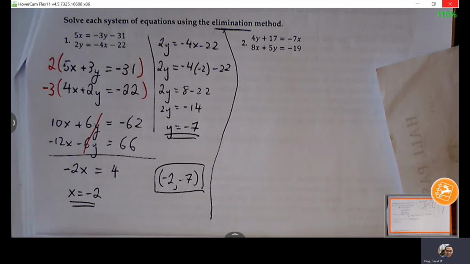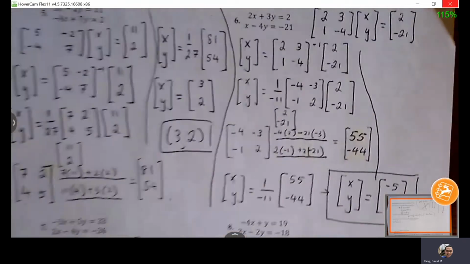Again, wait to deal with that 1/27, right? Don't work in that 1/27 until the end.